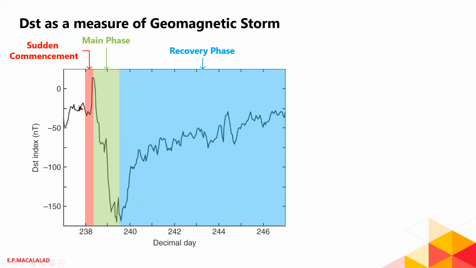For example, if before the storm happened, the baseline measure of the DST index is around -25 nanotesla, the recovery phase after the minimum part of this graph will slowly go to that level. And usually it takes days to recover.